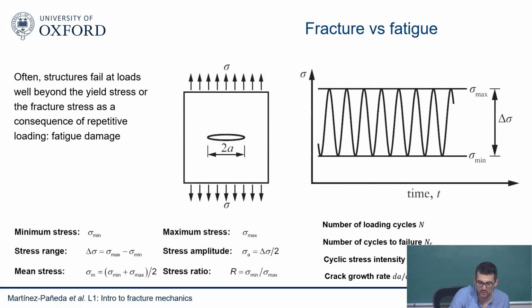And remember, even if I apply a constant load, my delta K is going to change as my crack grows, because even if the stress is constant, my crack size is increasing. So normally in a fatigue crack growth experiment, your applied load will vary between the same sigma min and sigma max, but your delta K is changing because your crack is growing.